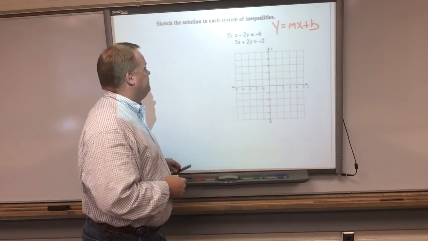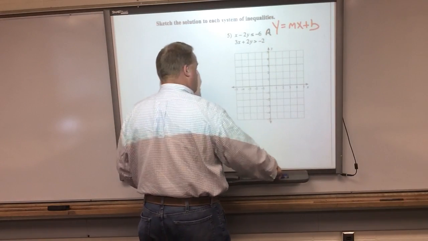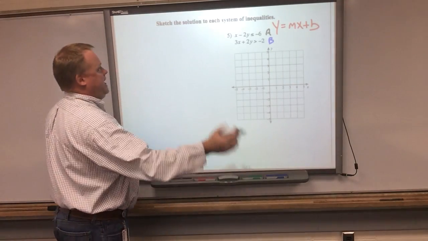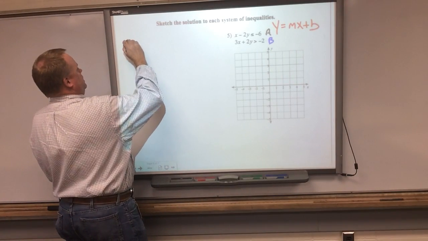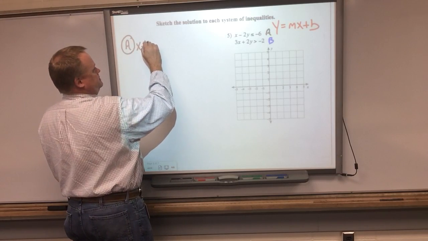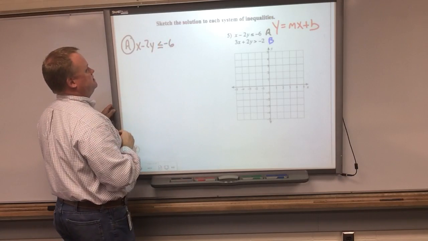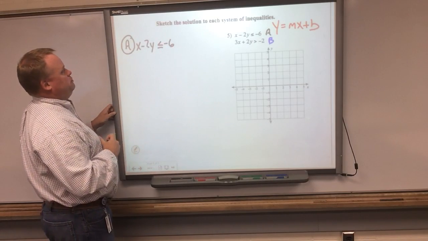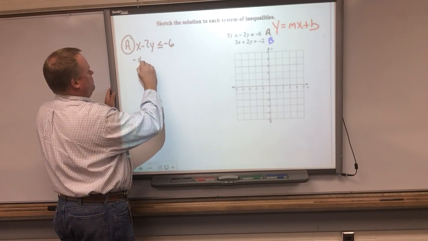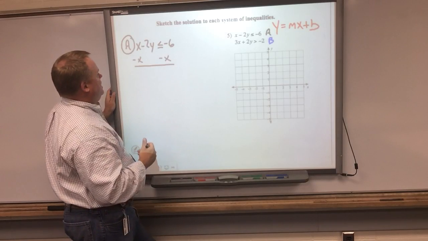So the first one, and I'm going to label them again, A and B, okay? The first one, A, I'm going to label so you can see which one I'm doing. x minus 2y less than or equal to negative 6. Well, I know that I need to move the x to the right-hand side of the inequality, so I'm going to subtract x from the left side and move it to the other side.